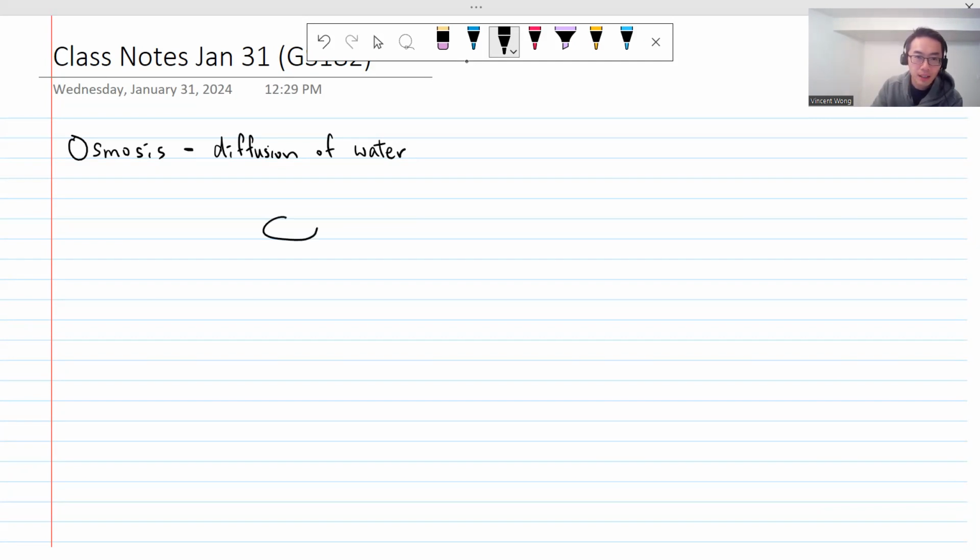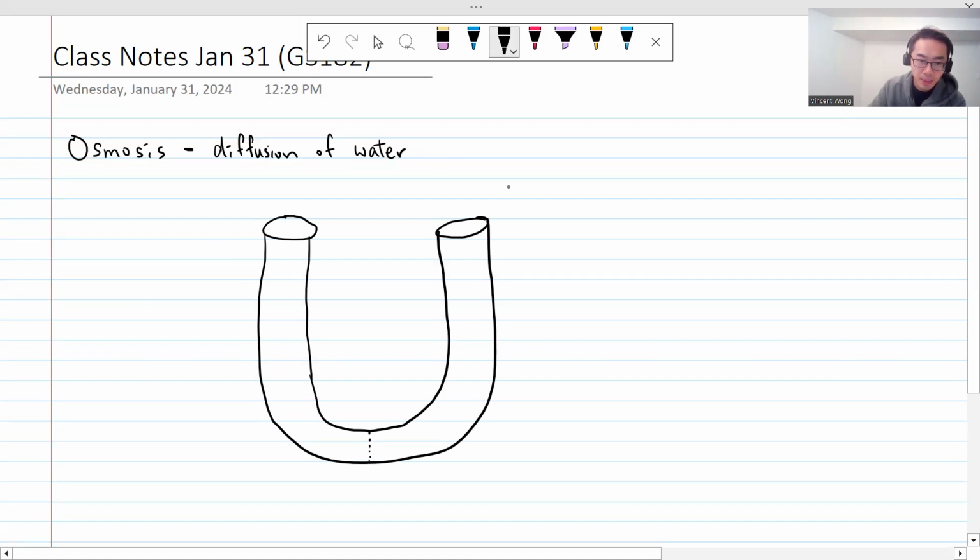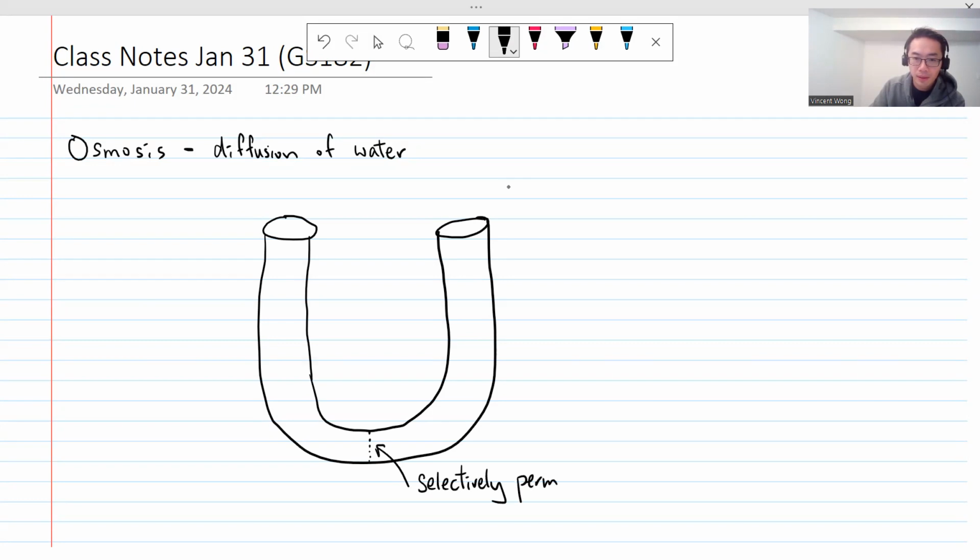So let's say I have a tube here. Okay, it's a U-shaped tube. And I am going to put a membrane here. This is a selectively permeable membrane.